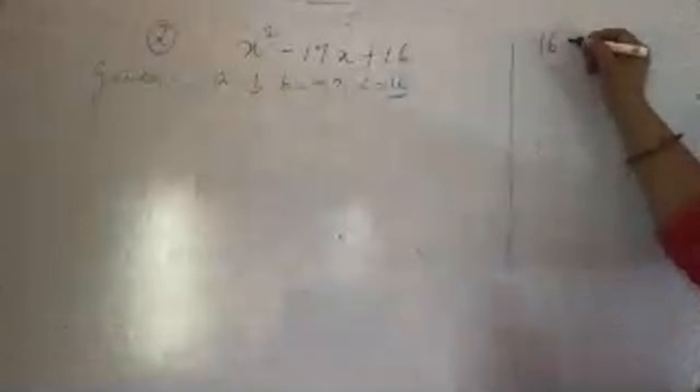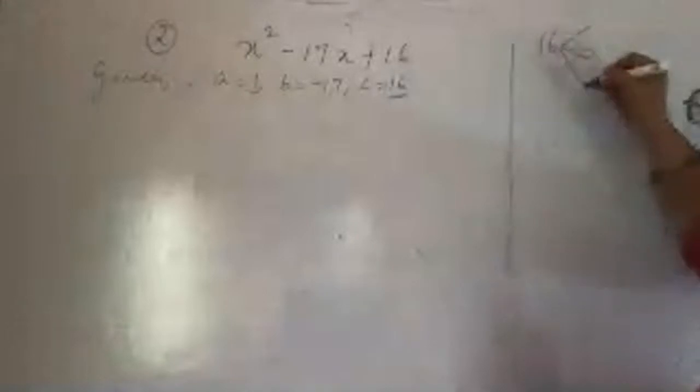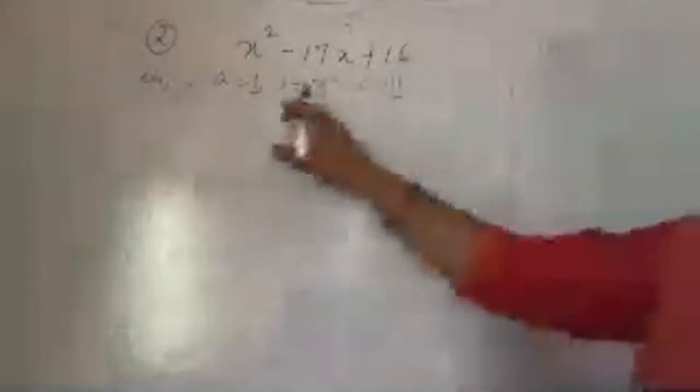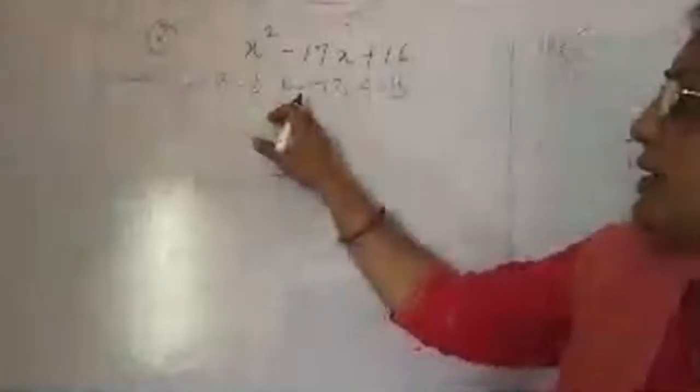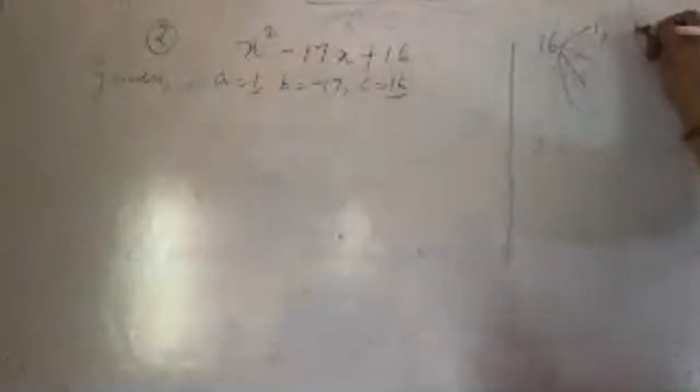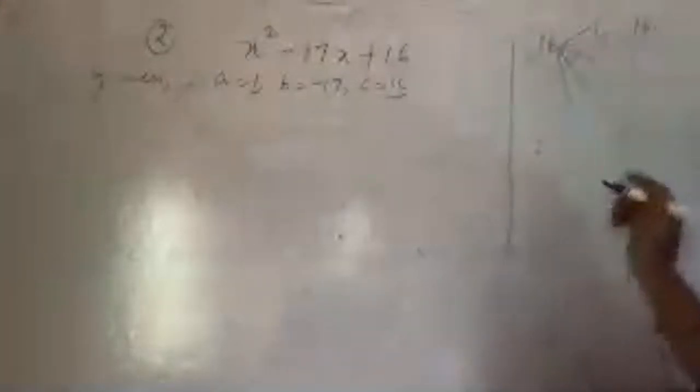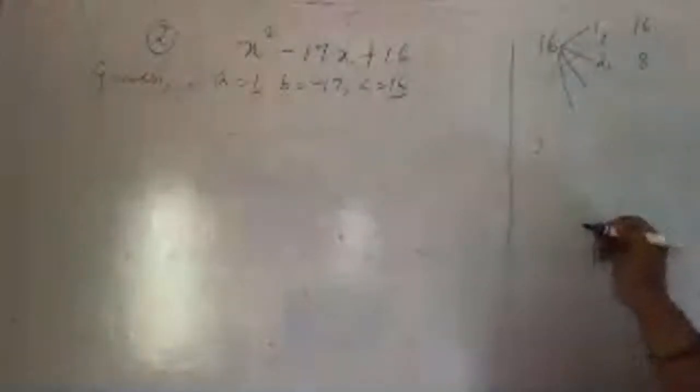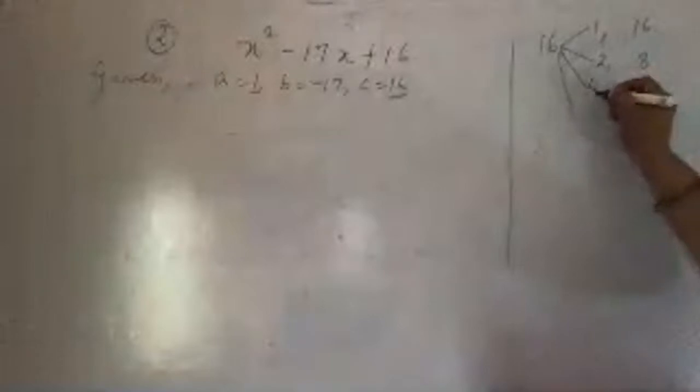Now, 16 we break into two factors such that minus 17 will come. So, what are the options? 1 and 16, 2 and 8, 3 it is not divisible, 4 and 4.